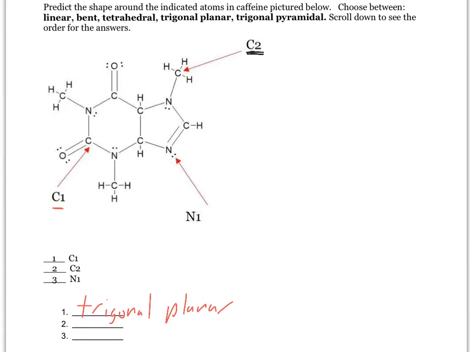C2: 1, 2, 3, 4 groups, 4 atoms, no lone pairs. That is tetrahedral. N1: 2 atoms, 1 lone pair. That is a bent geometry.